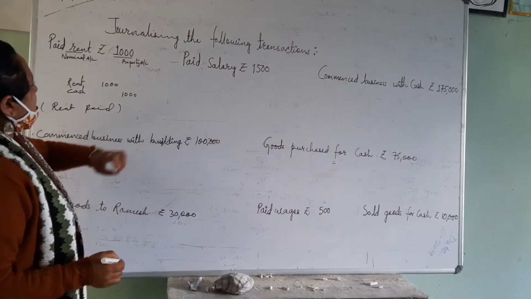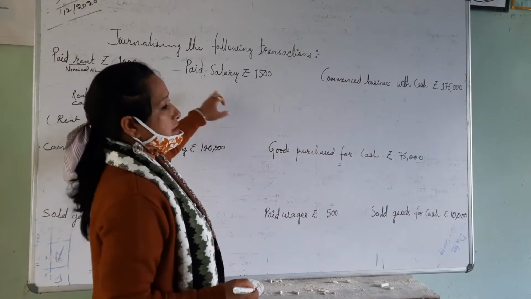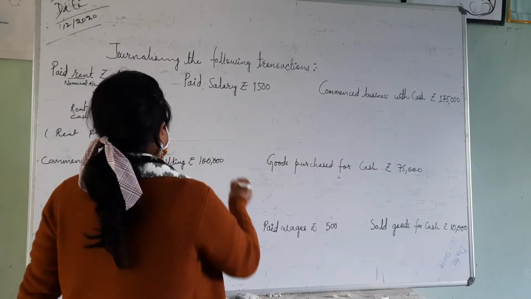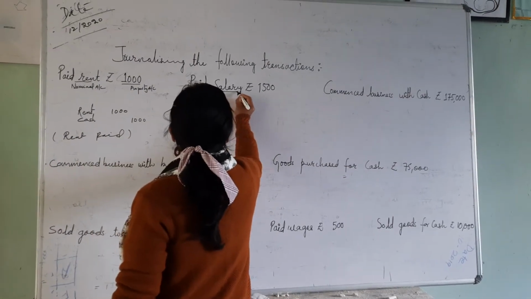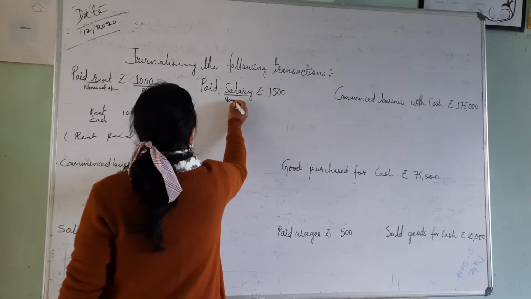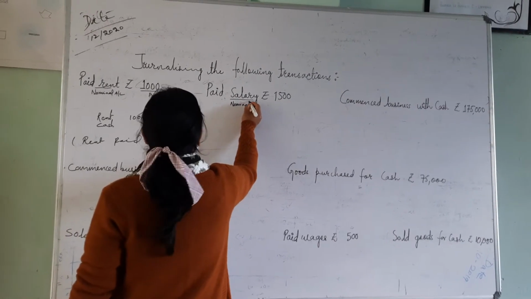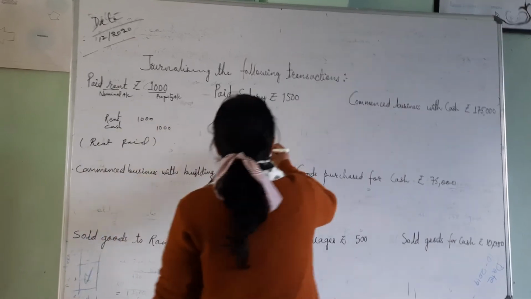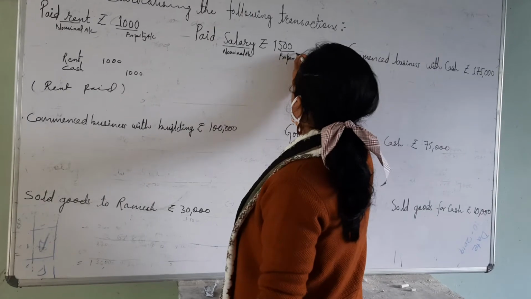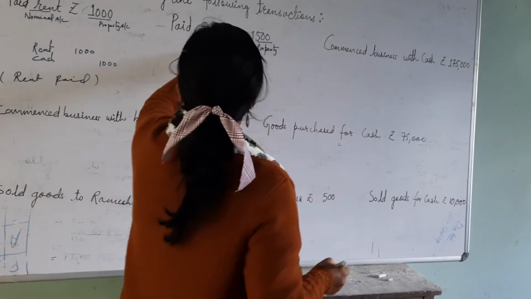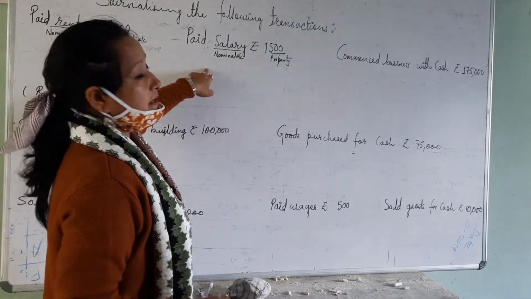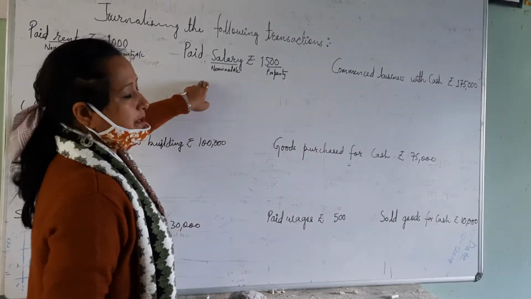Similarly, I am again categorizing the words which are related to personal or property or nominal. Here also expenses, that is salary, and we are writing salary. This is in which account? Nominal account. And this is property account. Salary will come in the debit because expenses will come in the debit according to the nominal rules.